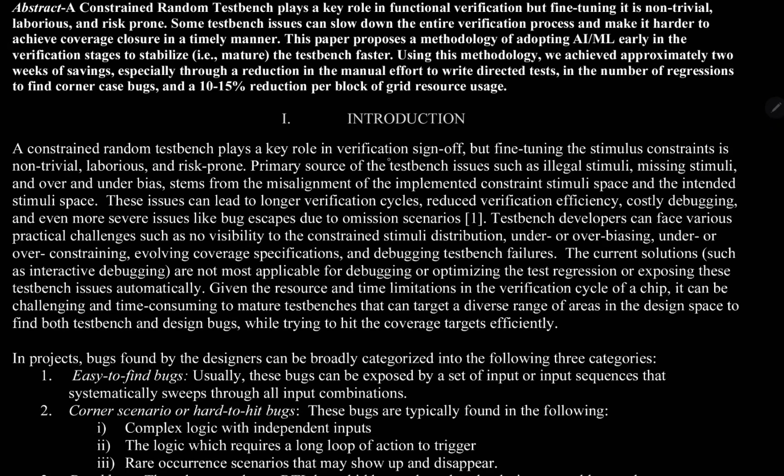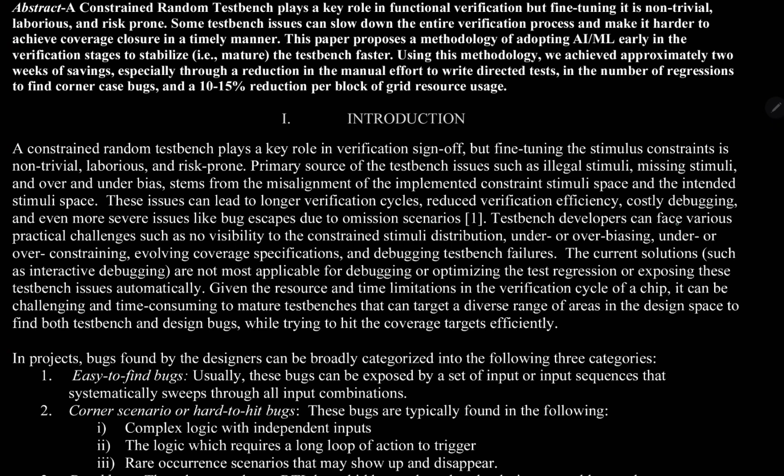Primary sources of the testbench issues such as illegal stimuli, missing stimuli, and over and under bias stem from the misalignment of the implemented constraint stimuli space and the intended stimuli space. These issues can lead to longer verification cycles, reduced verification efficiency and costly debugging, and even more severe issues like bug escapes due to the omitted scenarios.